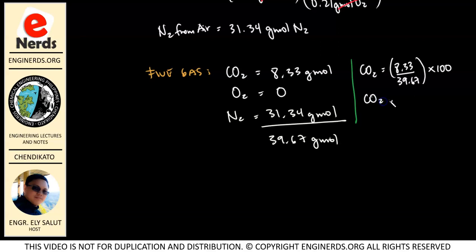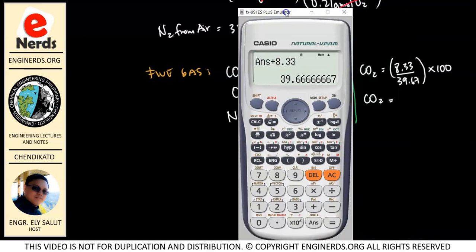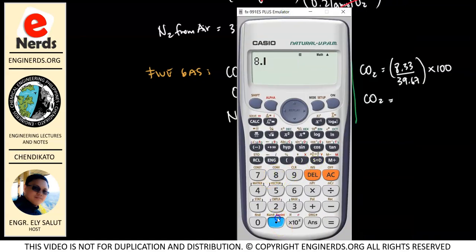So our CO2 is equal to 8.33 divided by 39.67 times 100. This is equal to 20.998%. So we can say this is 21%.